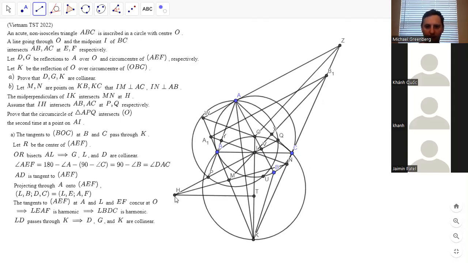And then MN, but yeah, we still need point K, I think, right? Yeah, so basically we just need to keep point K, A1, B1, M, N, I, H. That's it. We can just delete A, B, C.